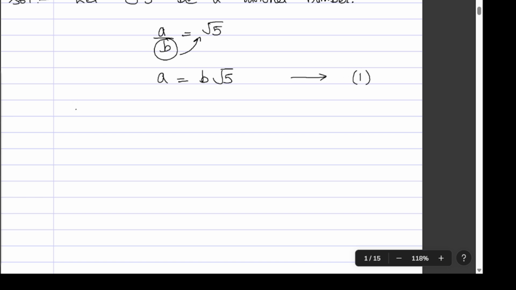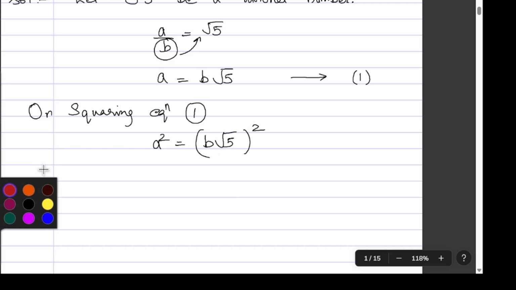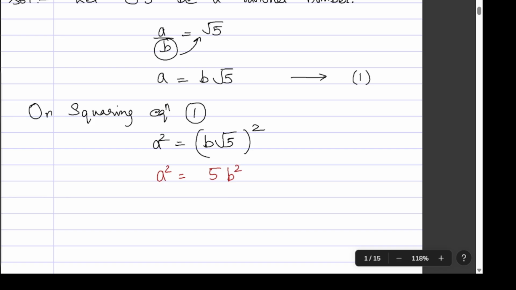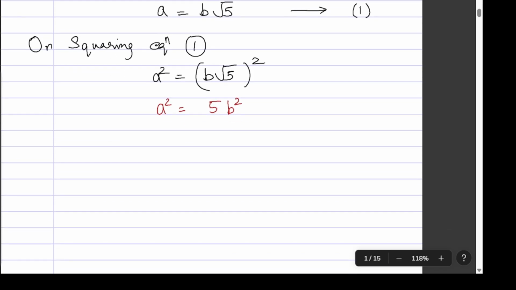In the next step I have to square both sides. On squaring equation 1, what I will get? a square equal to b root 5 the whole square, that is a square is equal to 5 b square, because root 5 into root 5 gives me 5.